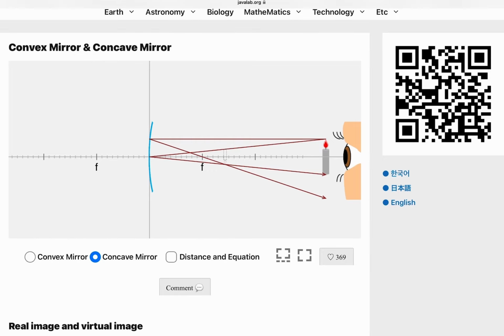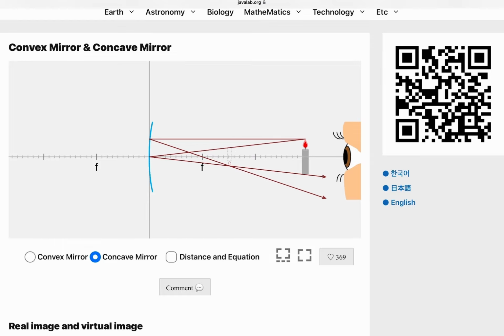If an object is placed outside the center, this is the center, by the way, the place where the candle is right now, the image is going to be inverted and real. Remember, look at the candle, it's inverted.